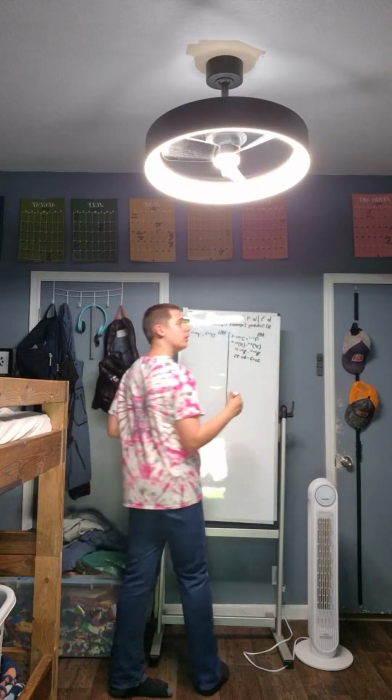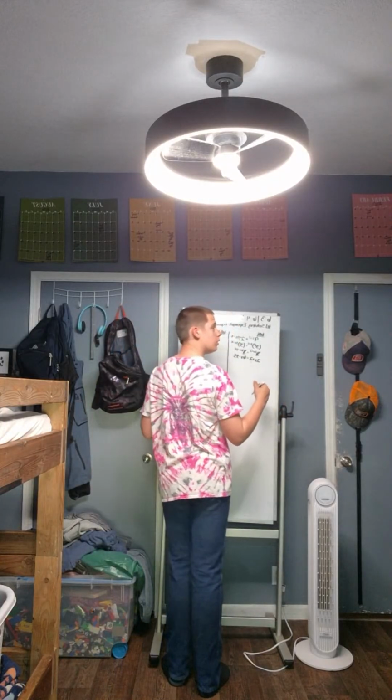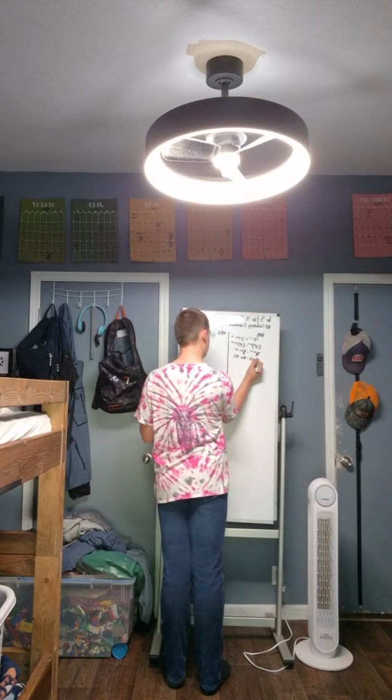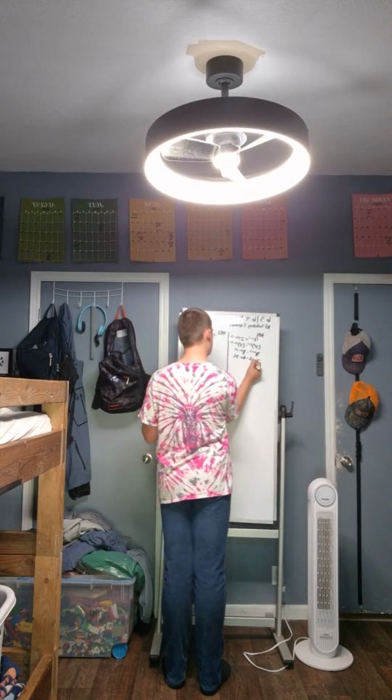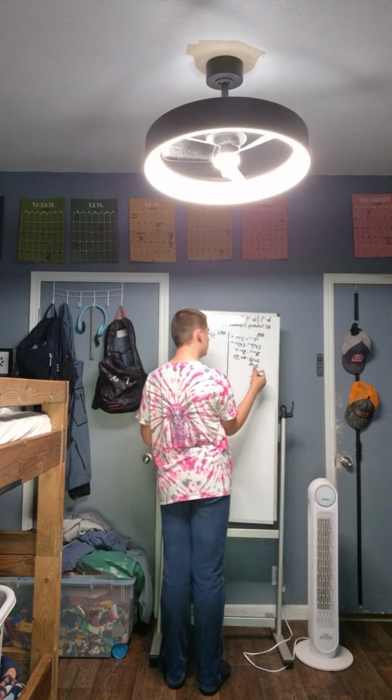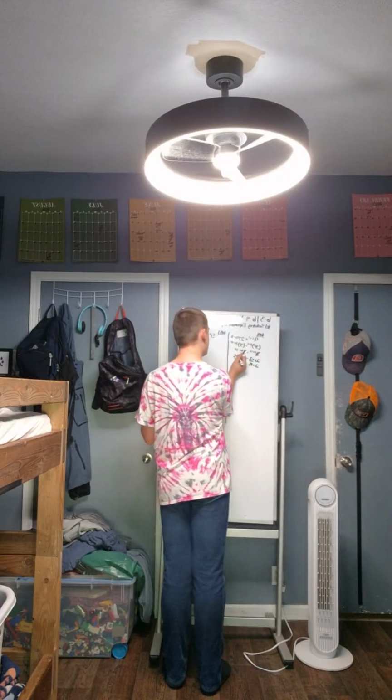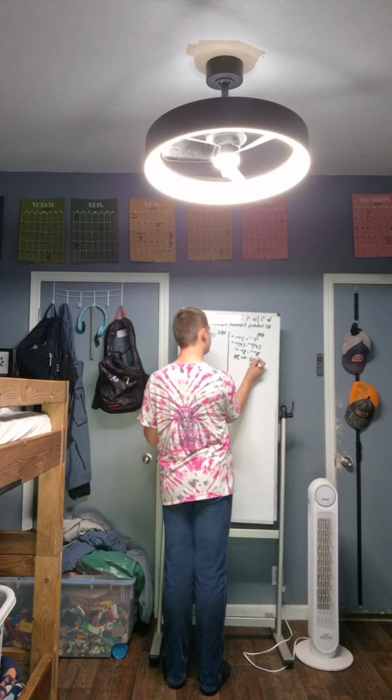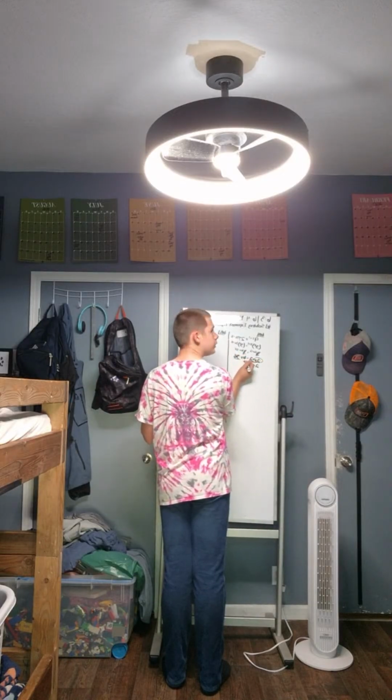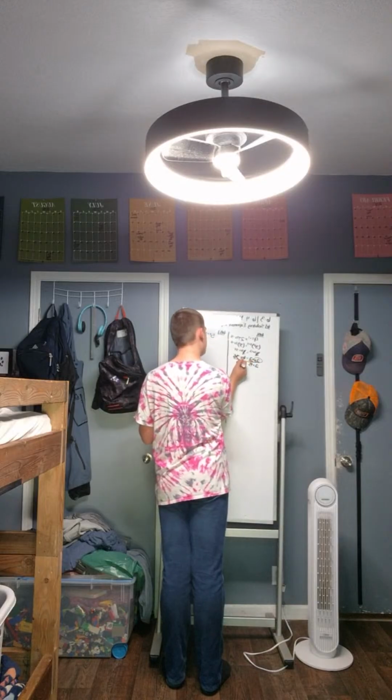So now we have 2 plus 15. We're getting one set of terms on each side, making this one negative, so that cancels out. This swaps to the other side, so now I have 6x minus 2x.